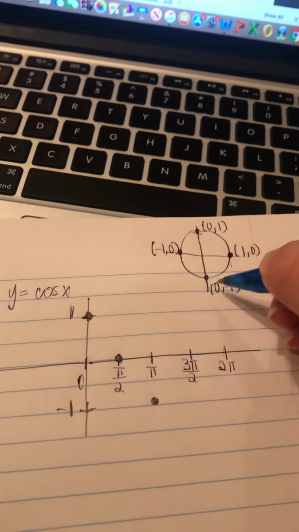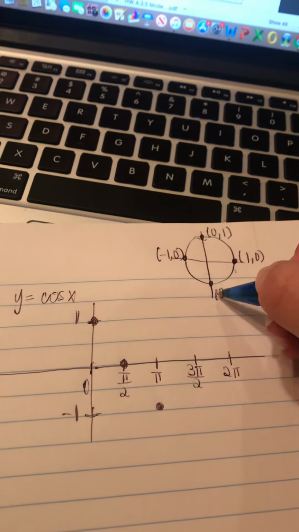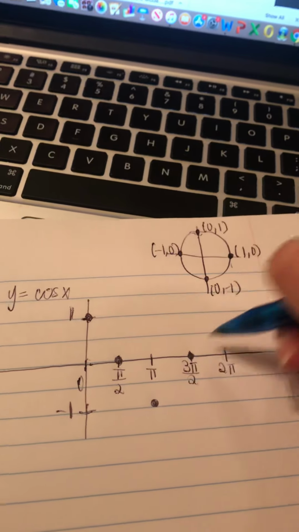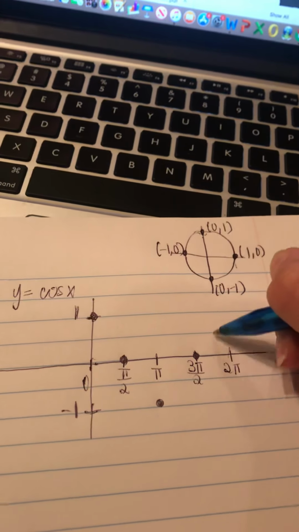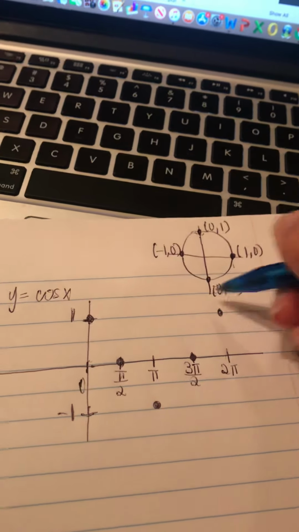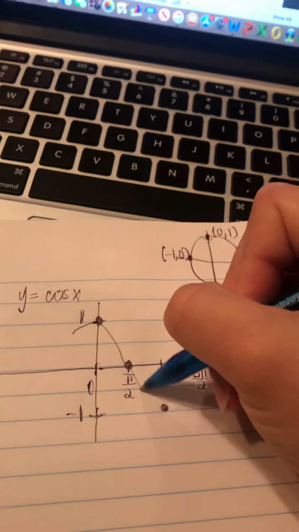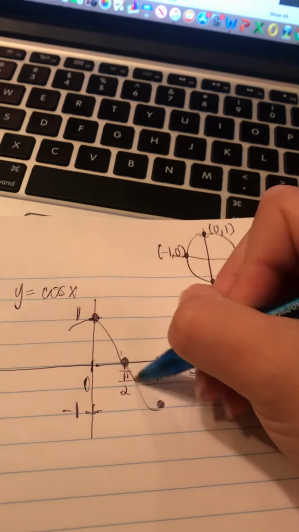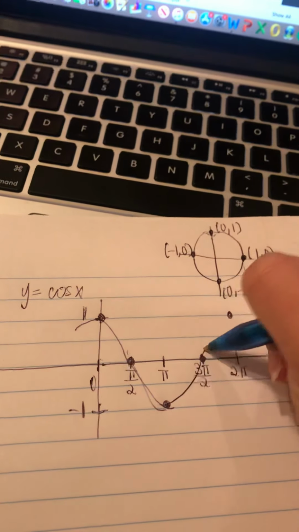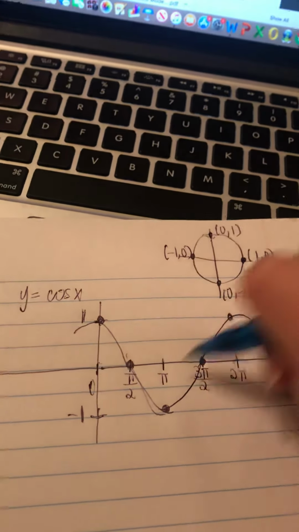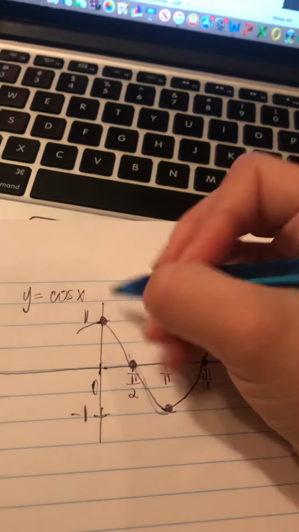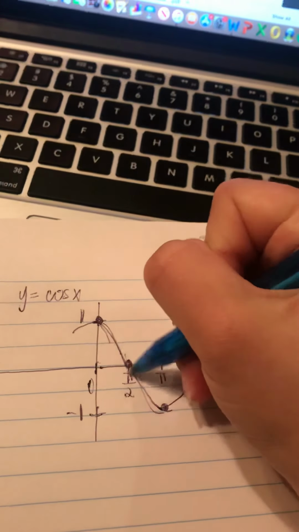At 3 pi over 2, it's 0. And then back at 2 pi, the x coordinate is 1. So this is my curve for cosine. Okay, and that's supposed to be connecting kind of cleaner there.